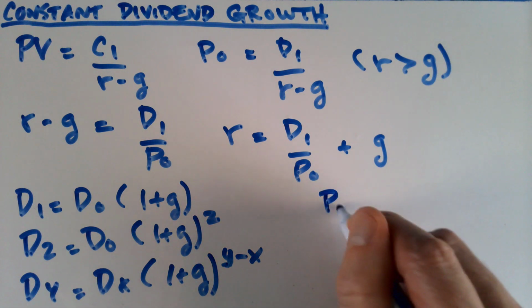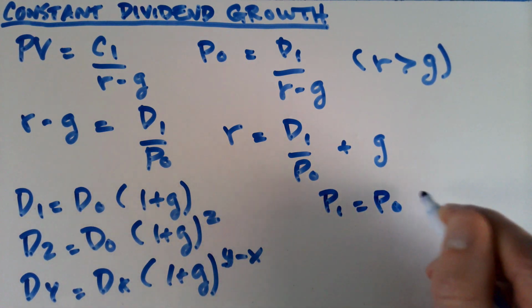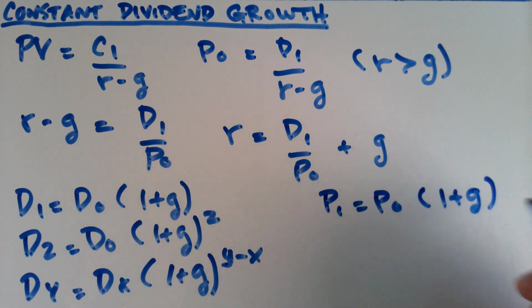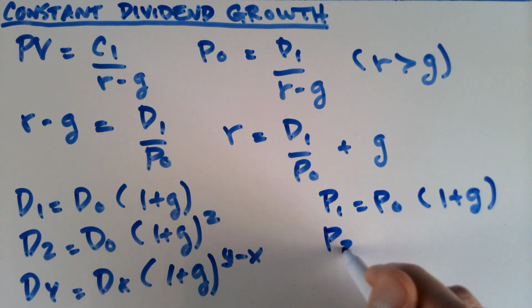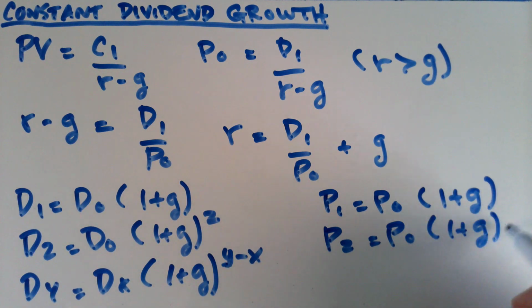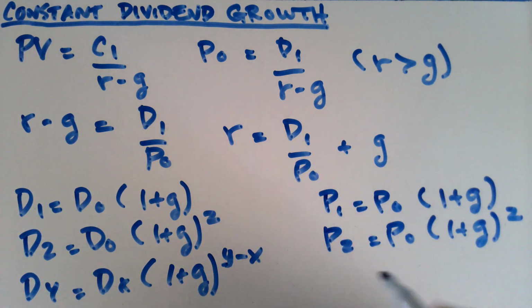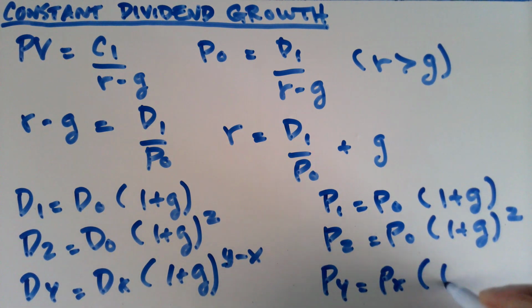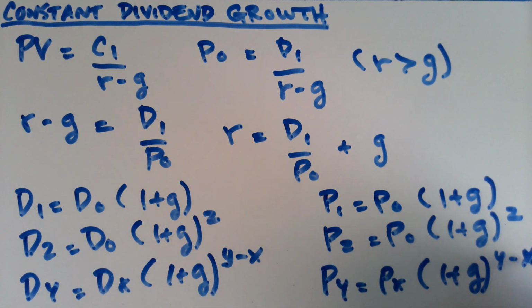And so we could say that P1 is equal to P0 times 1 plus G. We could say that P2 is equal to P0 times 1 plus G squared. And in fact, we could generalize in exactly the same way and say that P sub y is equal to P sub x times 1 plus G to the y minus x. It works exactly the same way.